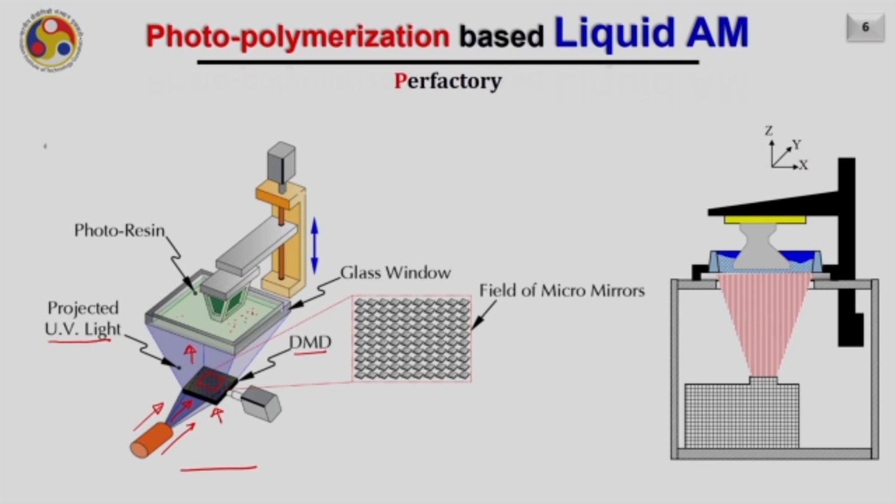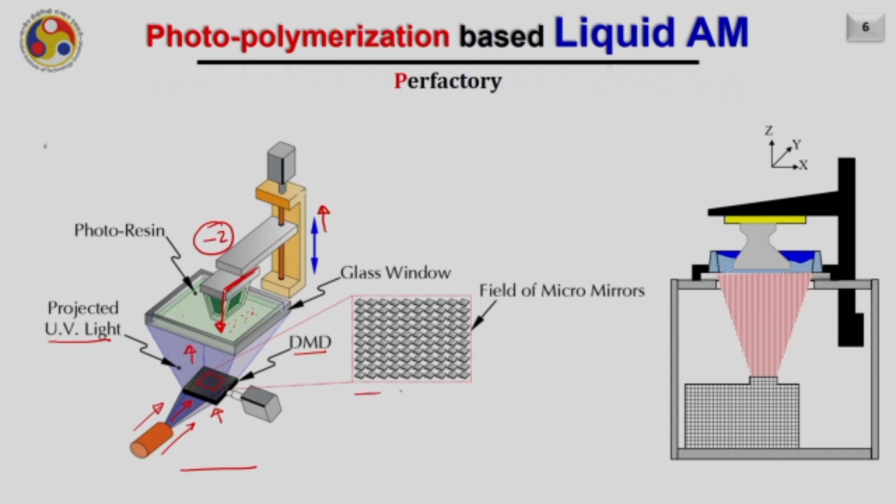As the UV light falls on the bottom side of this resin, the layer gets cured and this platform goes up. Each time the platform goes up, the layer gets cured. As you can see here, the growth of the part is in this direction, that is in the minus z direction. You are building the part upside down. After completion of the process, the part will be hanging upside down on this platform.